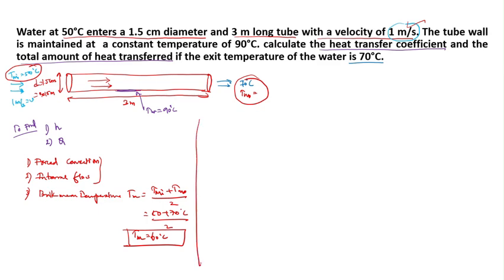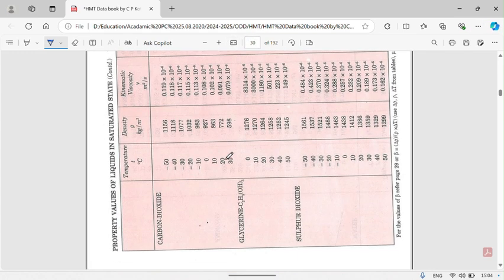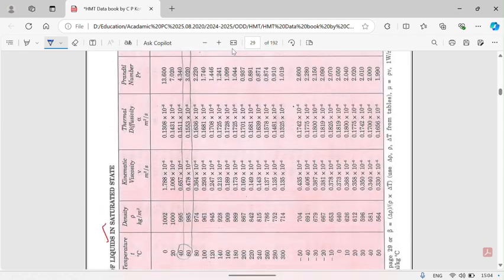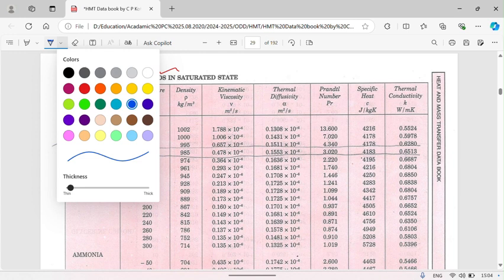Next, you are going to find the properties at the mean bulk temperature. The properties are available in the HMT data book, around page number 30-something, where we have property values for the liquid state. At 60 degrees Celsius, the fluid is water.